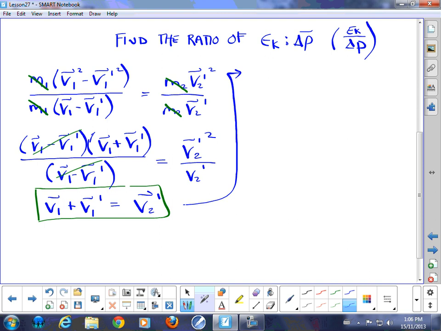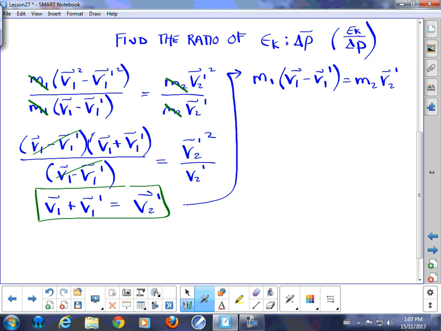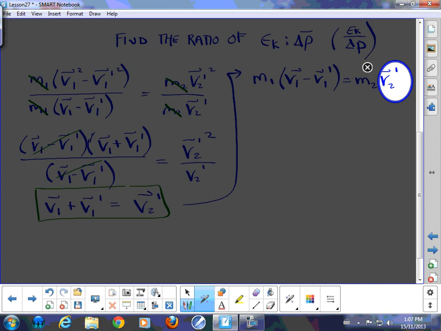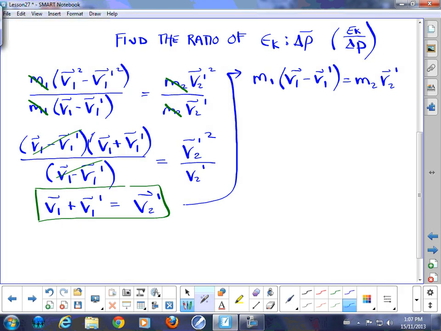We're almost done here. So if we look back to the earlier formula, M1 (V1 minus V1 prime) equals M2 V2 prime. We can do that substitution because now we know what V2 prime is equal to. We just figured that out. It's in the green box.